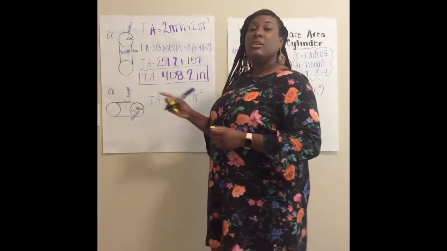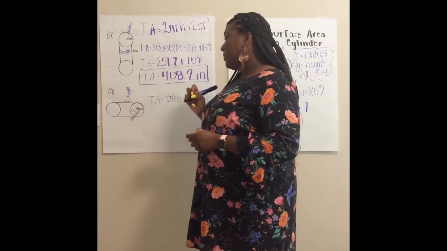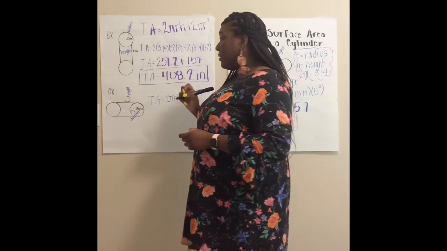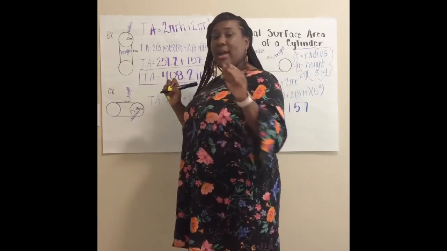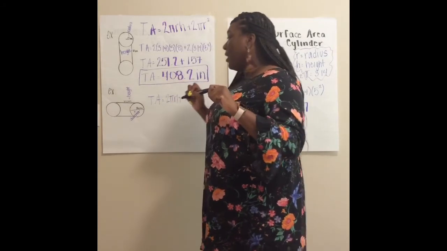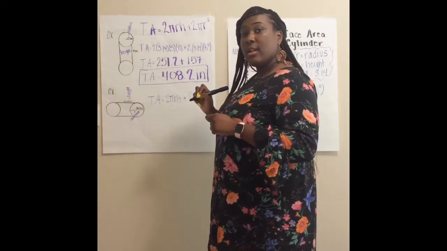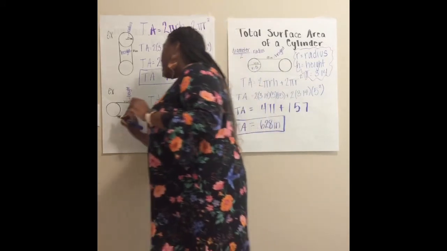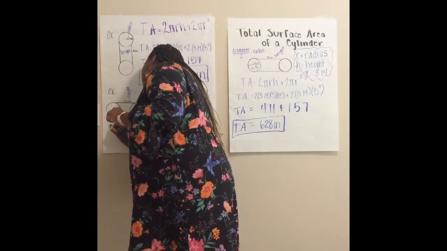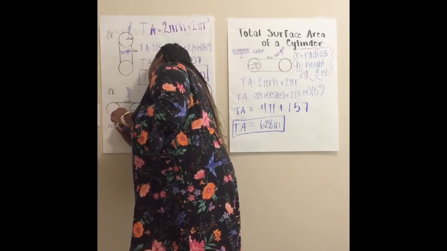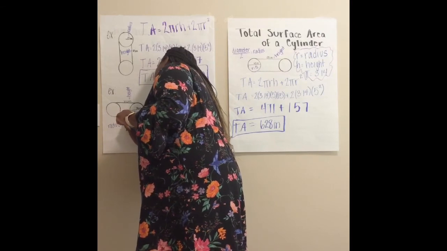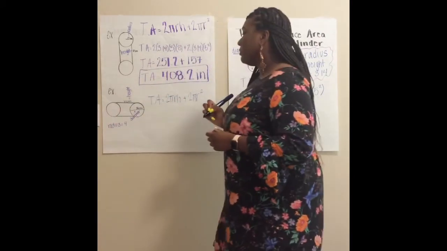So you're going to take that 8, because remember, when you take your diameter, you divide it by 2 to get your radius. 8 over 2 is what? 4. So our radius is 4.